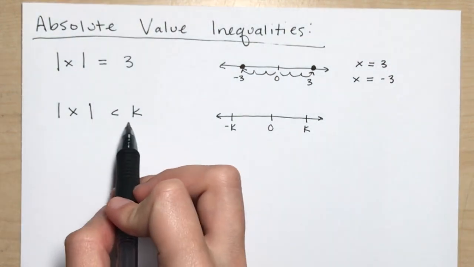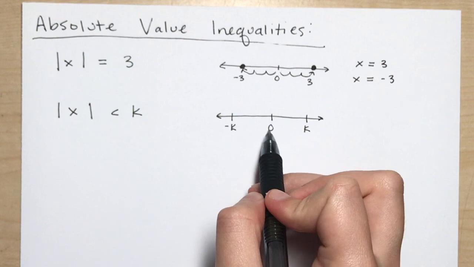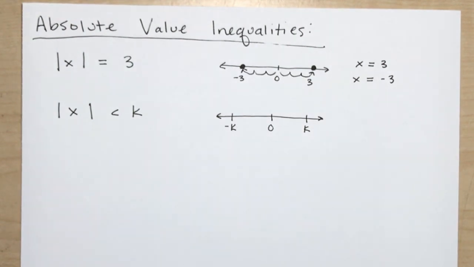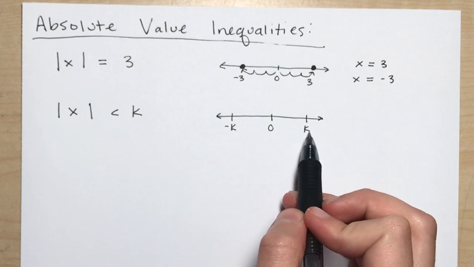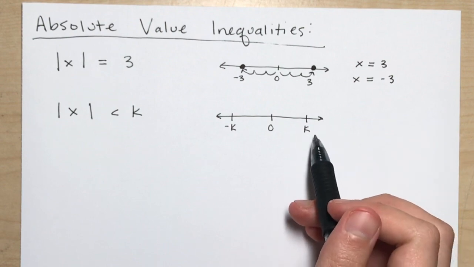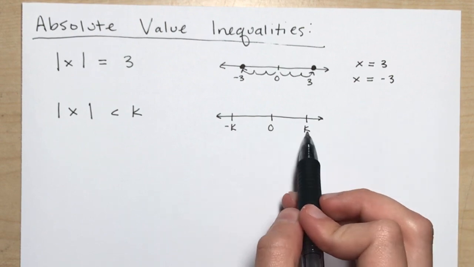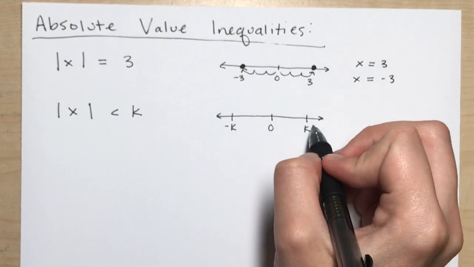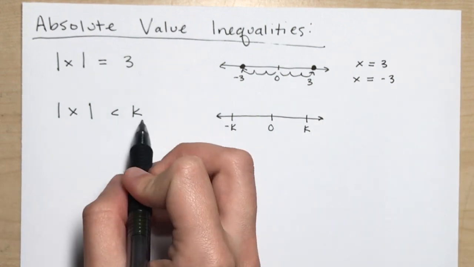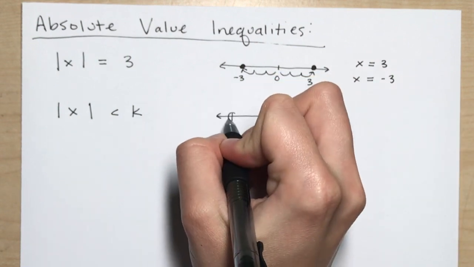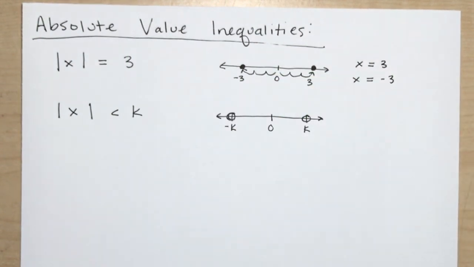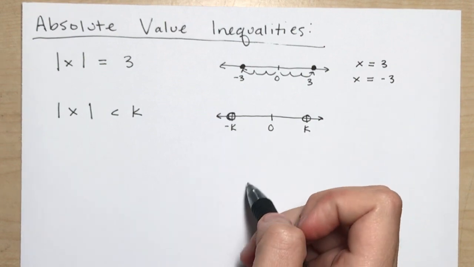So we want the distance between x and 0 to be less than k. First of all, what is our distance at k? Well, it's k. K's distance from 0 is k. So k is not less than k, so we are open here, and similarly we are open at -k. These are not included.